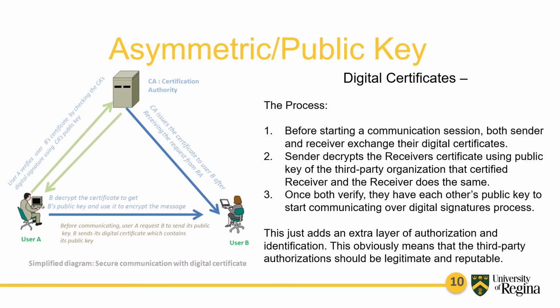Now A can proceed to sending messages to B using the digital signature scheme in the example we described before, and user B can also do the same with receiving and sending. This whole process can happen to and fro as many times as we want. Now, as we can understand, this process is just another layer of verification.